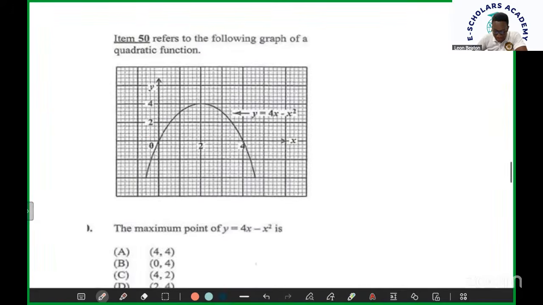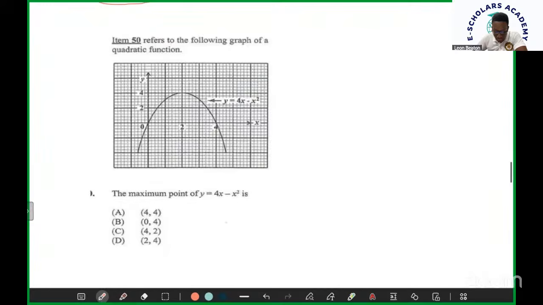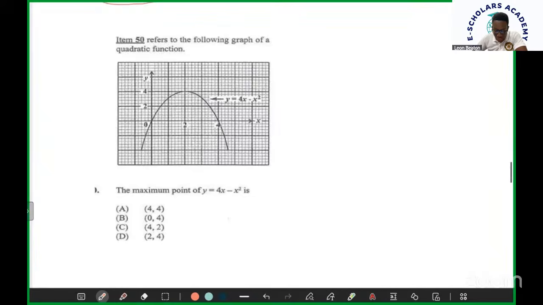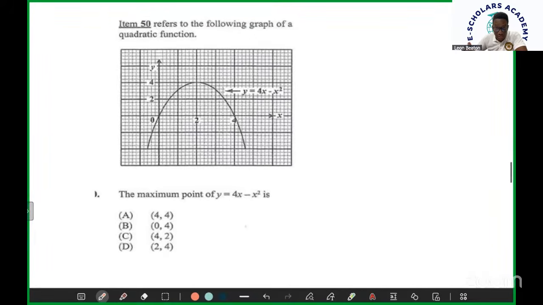Anyways, the next one. Similar question again, different year, similar question. It says, item 50 refers to the following graph of the quadratic function. This time, they're asking us for the maximum point of y equals 4x minus x squared.